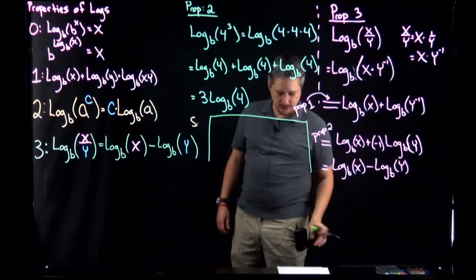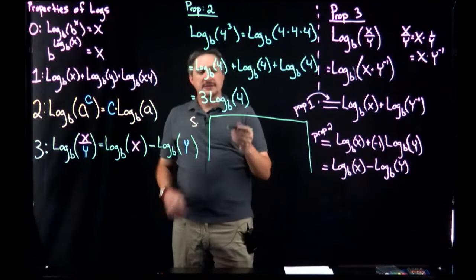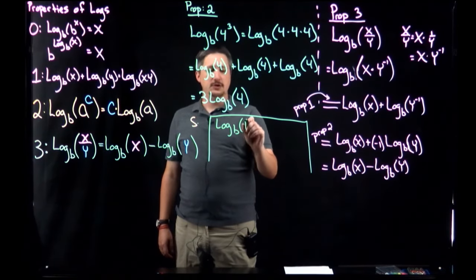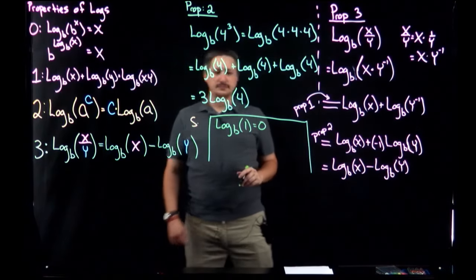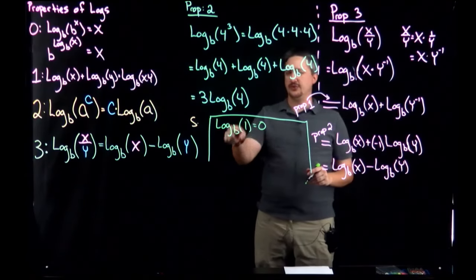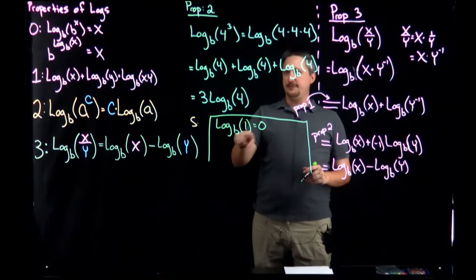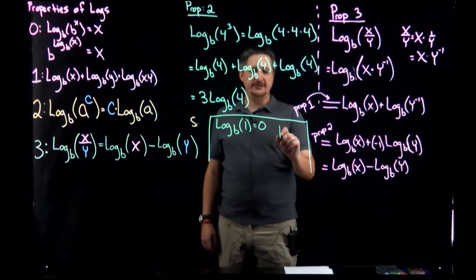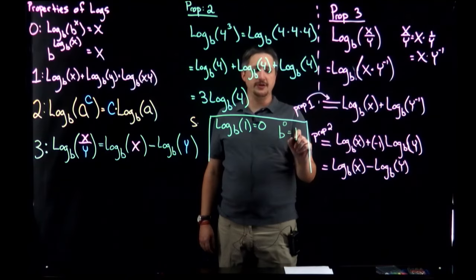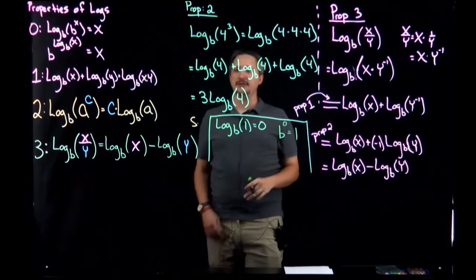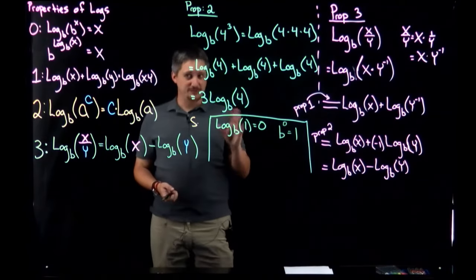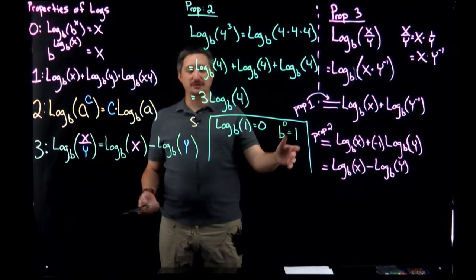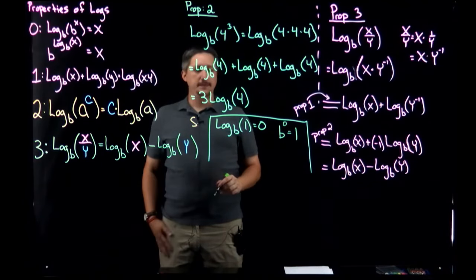So first and foremost, log base b of 1 is 0. And this is pretty easy to see, as well as the next one, if you look at the exponential version, because the exponential form of this is b to the 0 equals 1, and of course that's true for any b. Remember, any finite b to the 0, except possibly 0, is 1, okay?